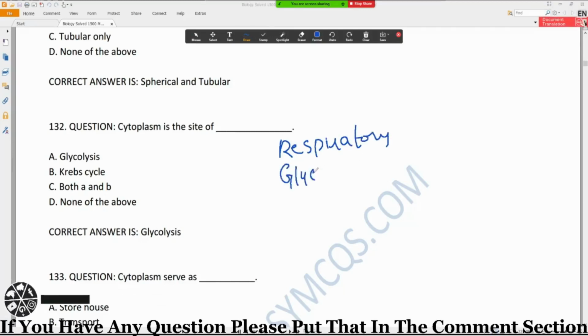The first one is glycolysis. The second one is Krebs cycle. And the third one is ETC, electron transport chain.